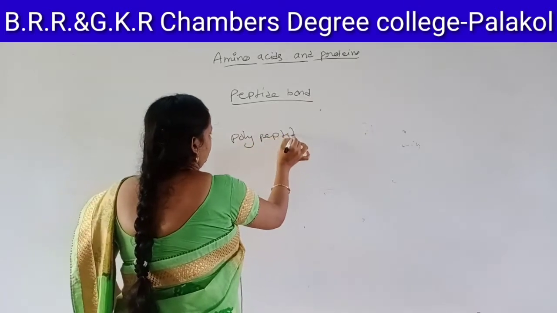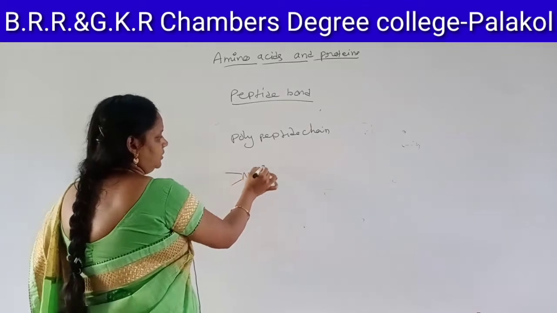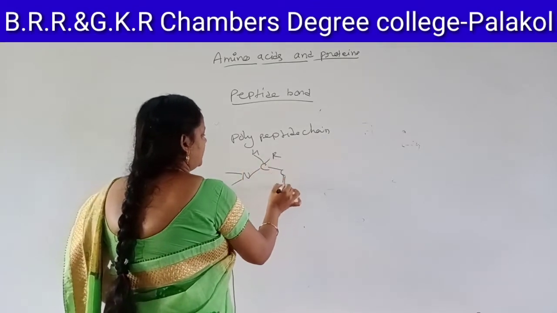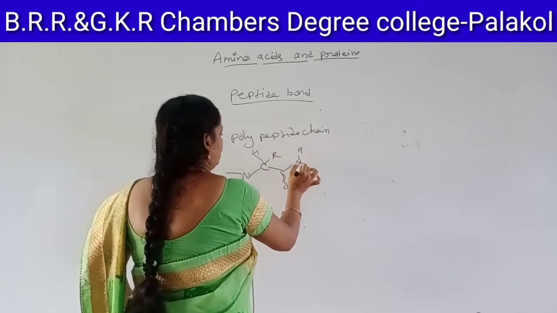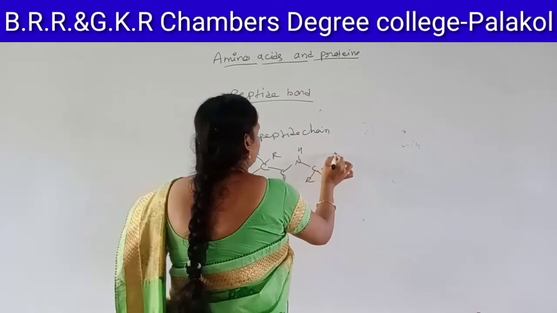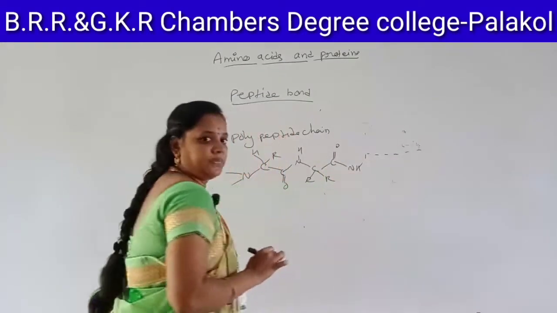The polypeptide chain will be like this: NH2, CHR, C double bond O, NH, again CHR, C double bond O, NH, and this continues.